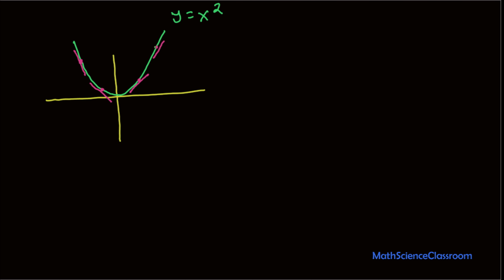Is there a way we can describe the slope of this entire line? There's no one formula for the slope of the entire line, and this is where derivatives come in. We can use derivatives to describe that.